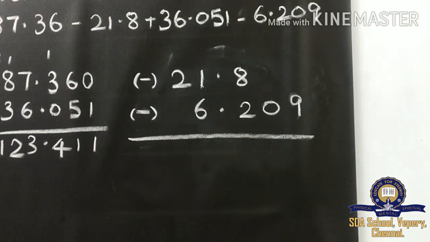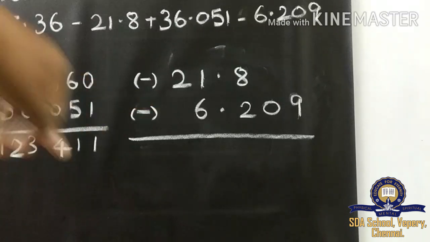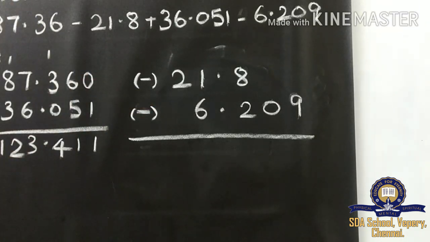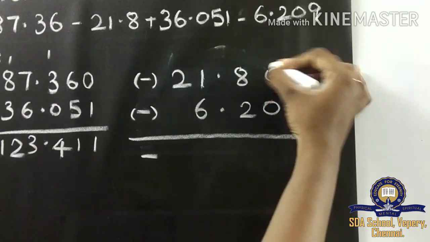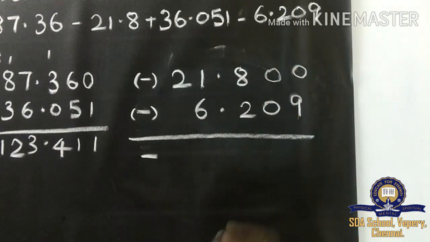In subtraction, if both values are negative, we will add and put the greater number's sign. Here the greater number's sign is negative, 21.8. Okay, so here we are going to add and put the sign as negative. Minus, here the value is 0, okay? If there is no value, we just put 0.